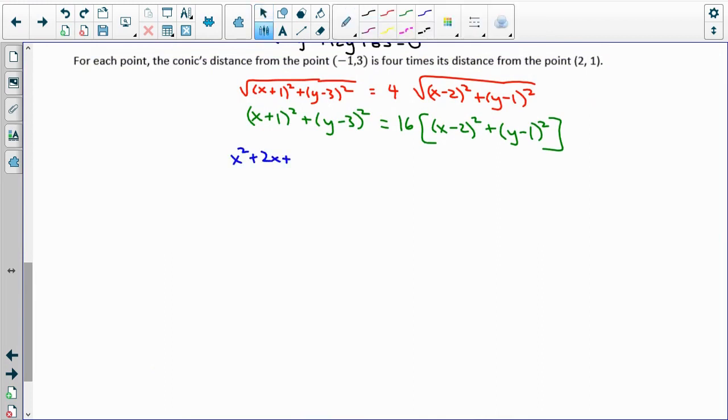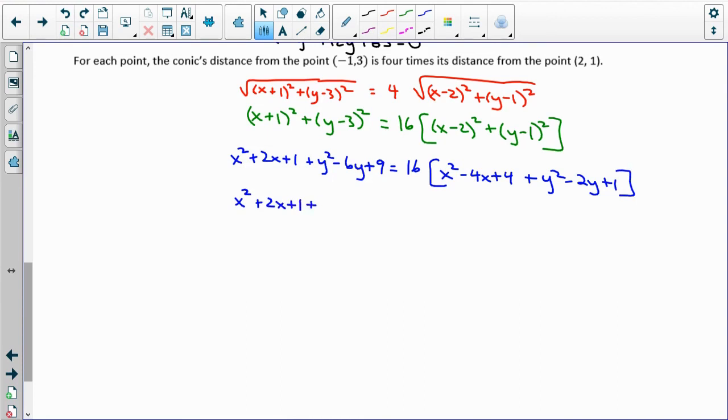x squared plus 2x plus 1 plus y squared minus 6y plus 9 equals 16 times x squared minus 4x plus 4 plus y squared minus 2y plus 1. Now I'm going to distribute the 16 on the right side. So I have 16x squared minus 64x plus 64 plus 16y squared minus 32y plus 16.